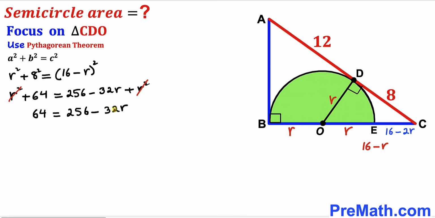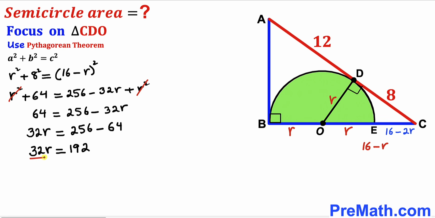Now I am going to move this 32 times r to the other side, and at the same time move this 64 in the opposite direction. So we can write 32 times r equals 256 minus 64, which gives us 192.